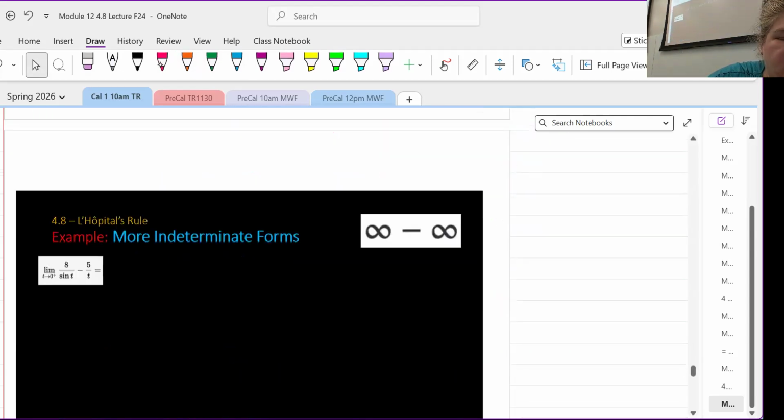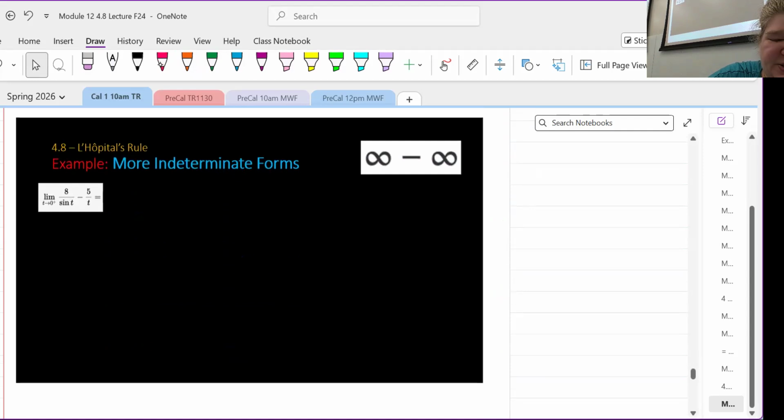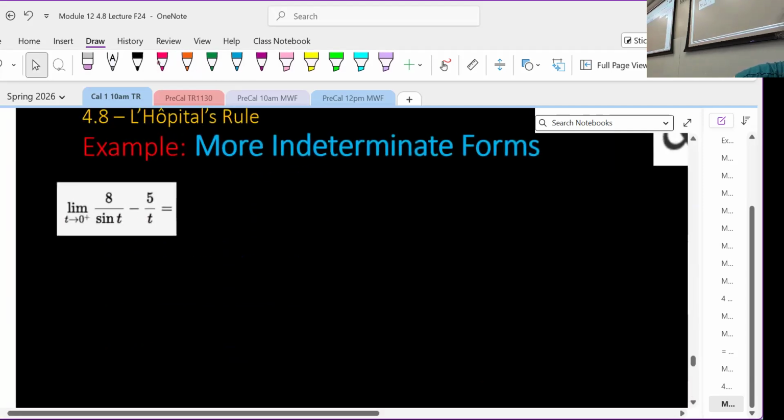All right, our next one is like a disgusting trig problem, but with fractions. So as t approaches 0 from the right, we're looking at the limit of 8 over sine t minus 5 over t.